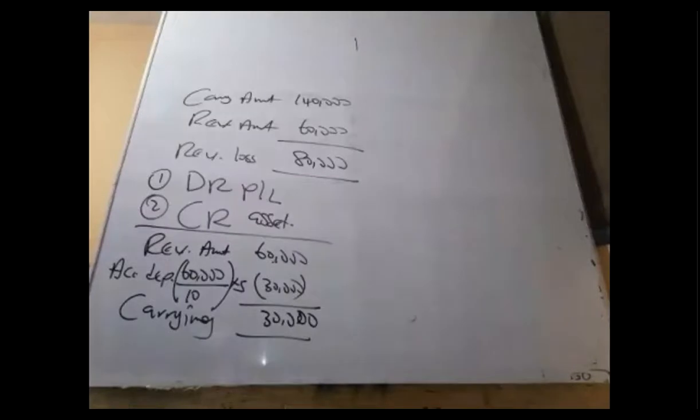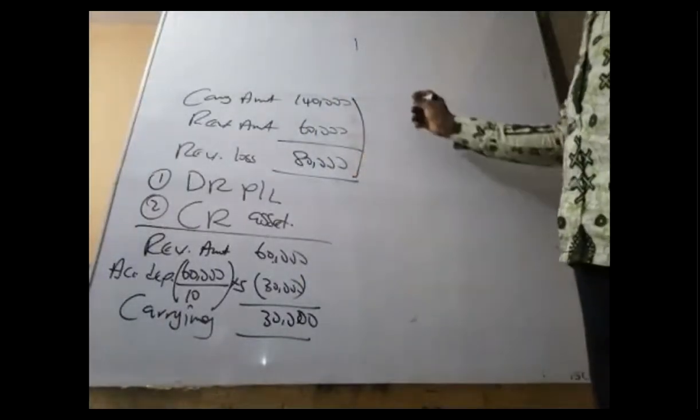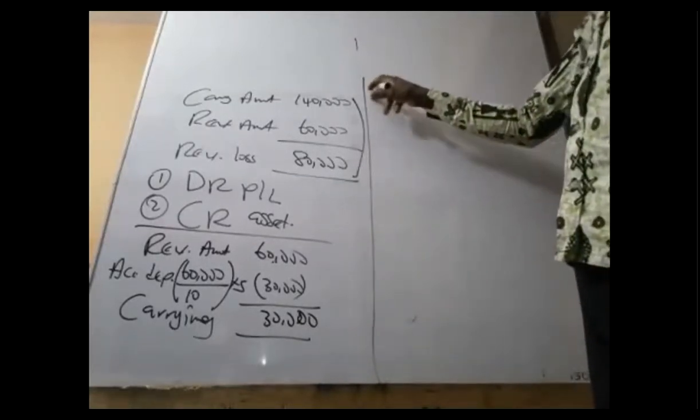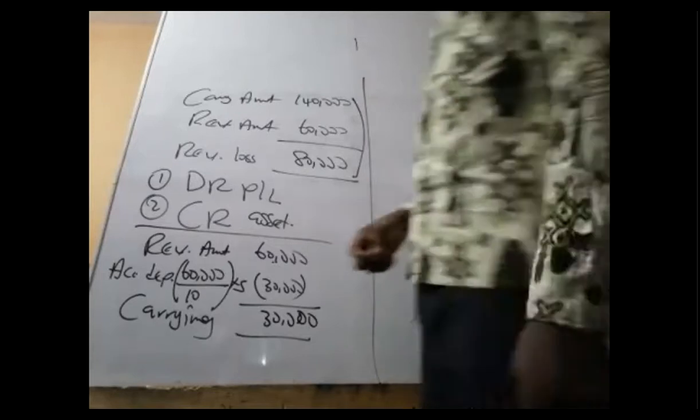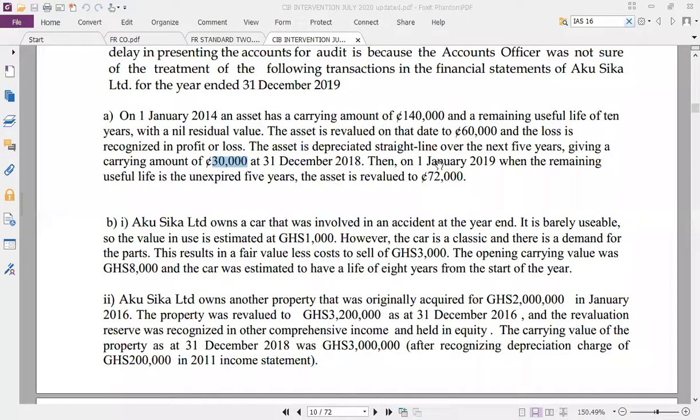So let's have a revaluation gain or loss. This is 5 years ago. So as at 1st January 2019, let's go and pick the date up. 3rd January 2019, which automatically the same as 3rd January 2018.